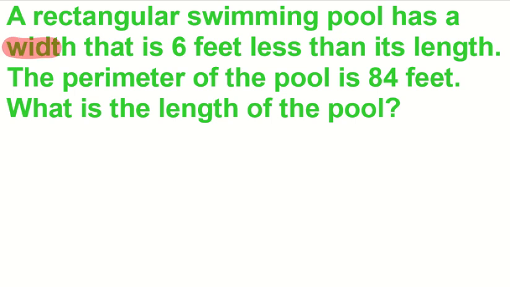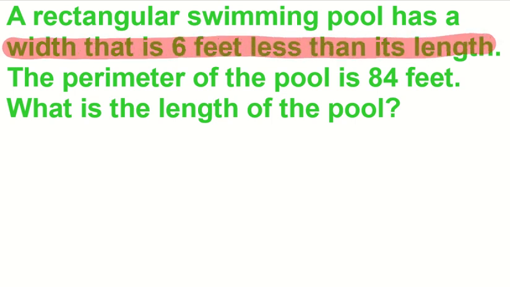So it says width is 6 less than the length. So I'm going to write W equals, because W shows our width, "is" means equals, 6 feet less than the length. This is a place where y'all a lot of times make mistakes.